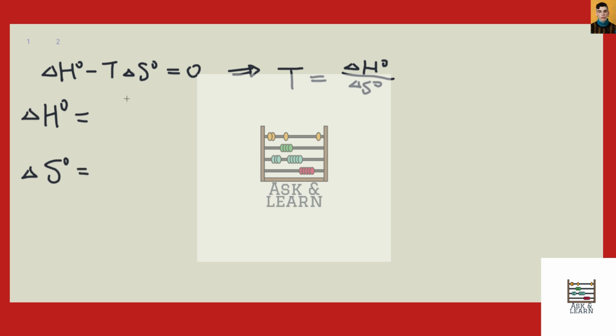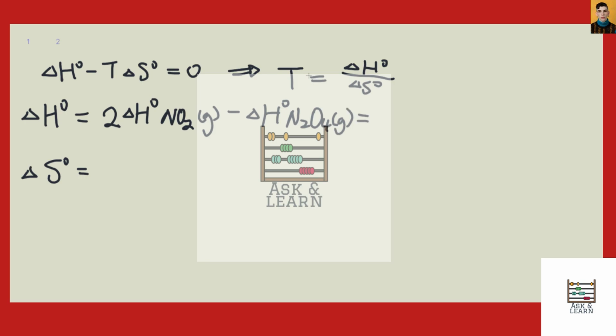Delta H0 will be 2 times the delta H0 of the product, NO2 gas, minus the delta H0 of N2O4 gas. This is equal to 2 times 33.84 minus 9.66, which gives you 58.02 kilojoules.